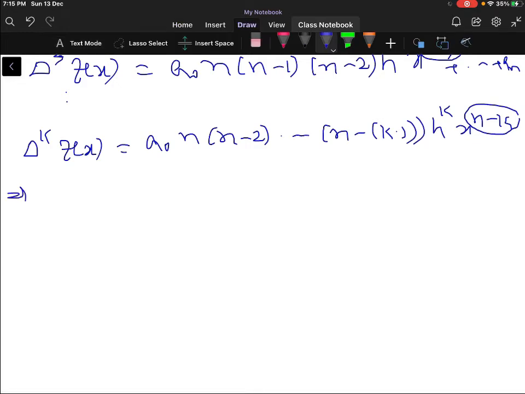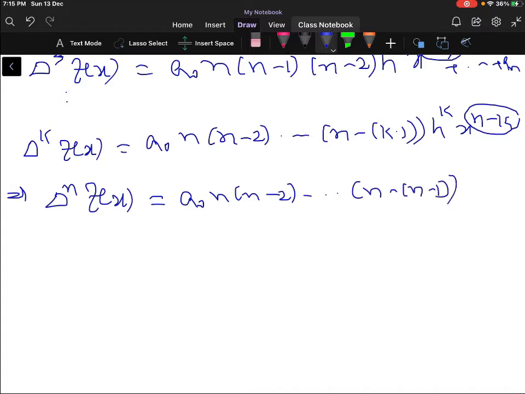This implies delta n of f of x can be written as a naught into n into n minus 1 and so on, into h power n, in place of k we have n here, x to the power of n minus n.